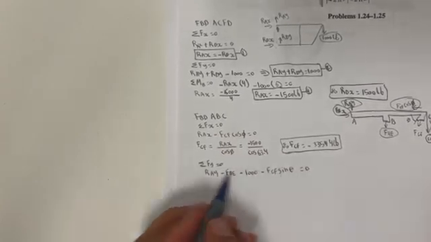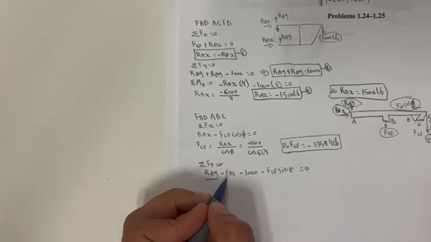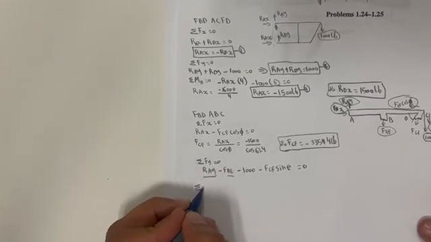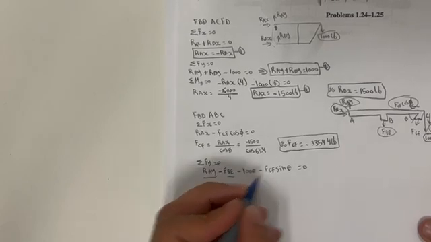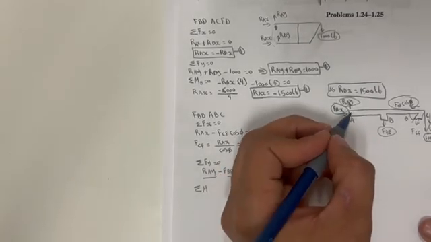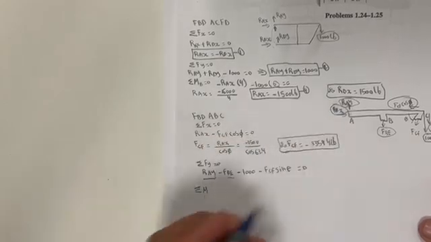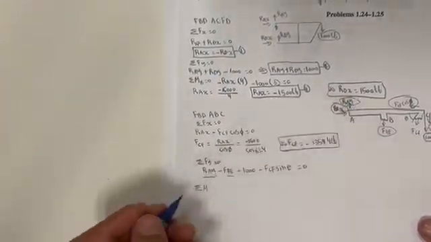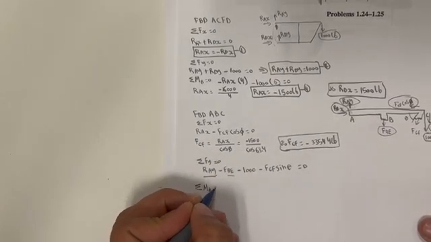Why I say this one will not help us, because now we have two unknowns. But the one that can help us is the moment. Because think about it, if we take the moment here, there are two reaction forces that can cancel out here. Equals 0.